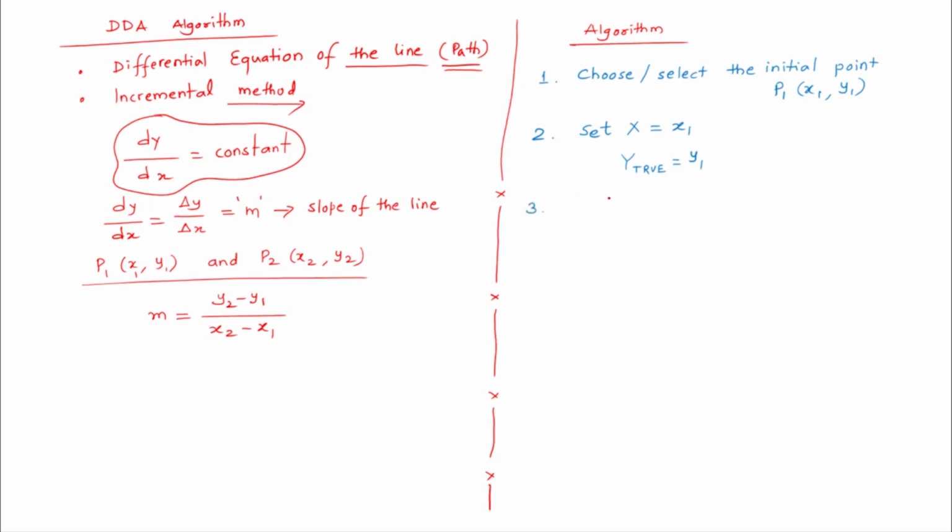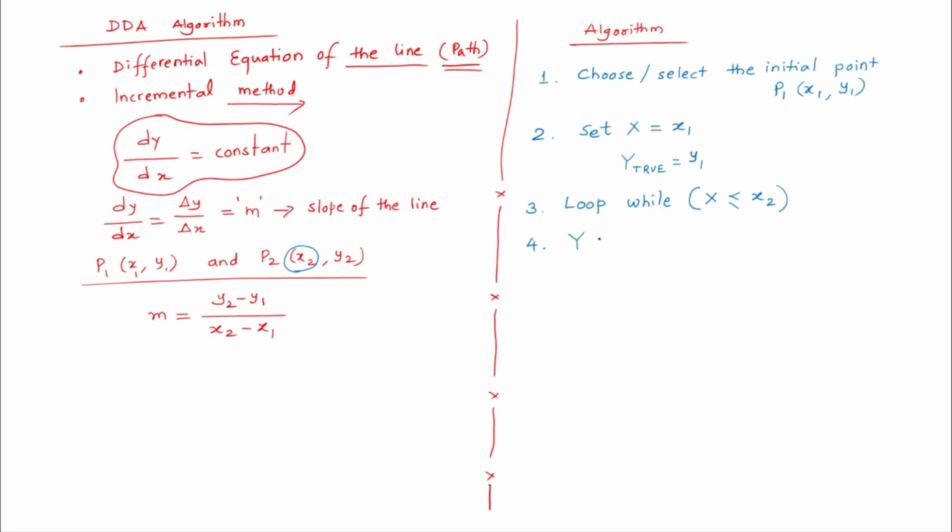Now we are starting a while loop: while the variable X is less than or equal to the x coordinate of the destination, that is x2. When X is less than or equal to x2, we need to carry out the following steps. So what are these steps?